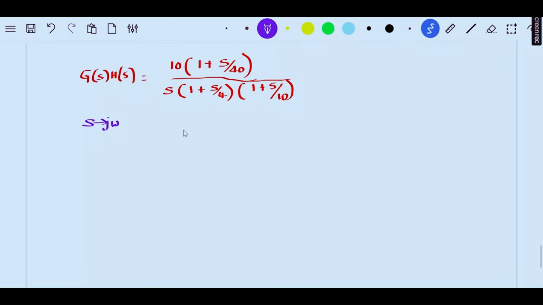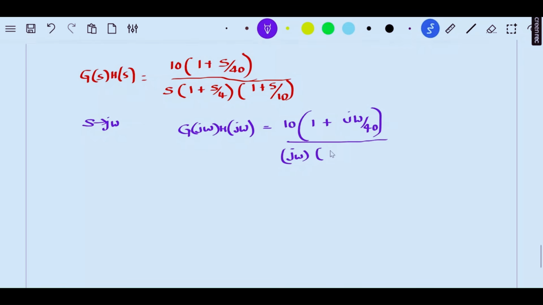So G of j omega into H of j omega equals 10 into 1 plus j omega by 40, divided by j omega into 1 plus j omega by 4 into 1 plus j omega by 10. This is what we get when we substitute s equals j omega.